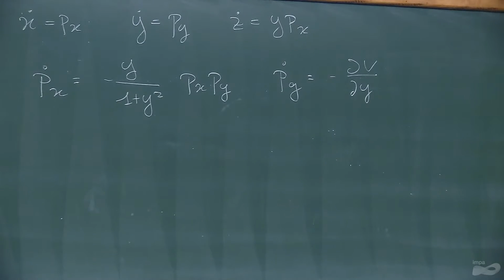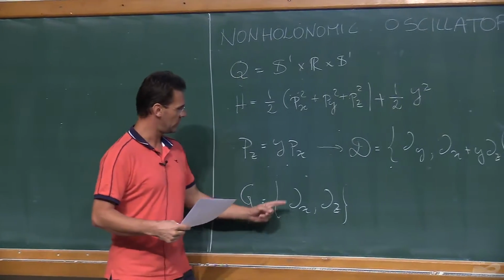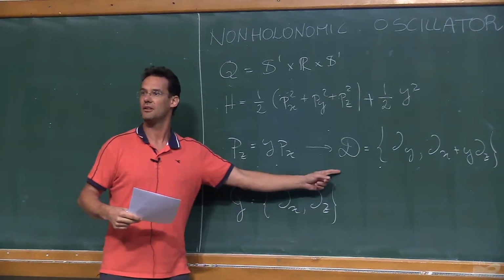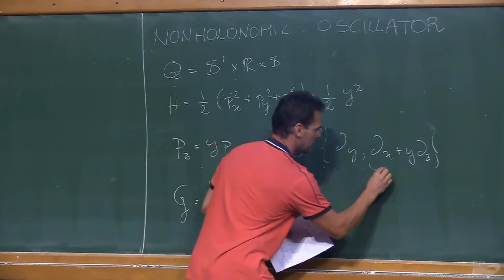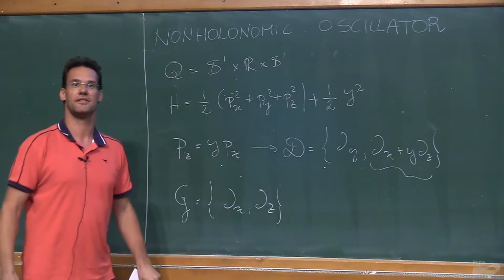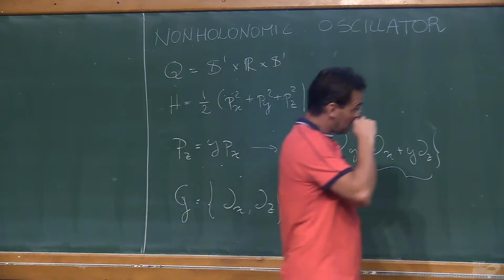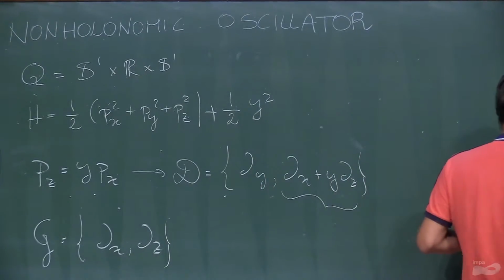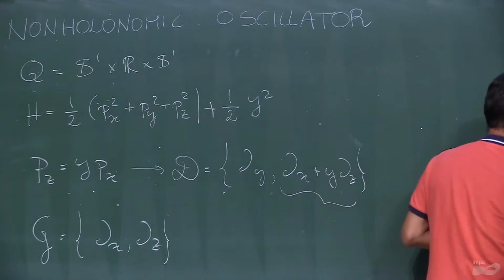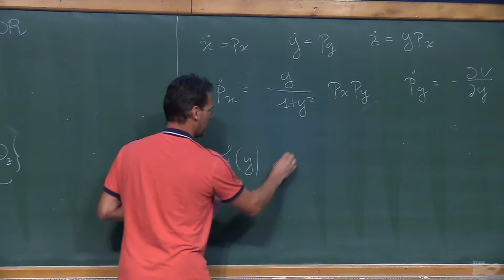Nevertheless, one can play a little bit and see that the intersection between these two objects is non-empty, and indeed it is generated by this guy, and I can take, let's say, this vector field and multiply it by a function.